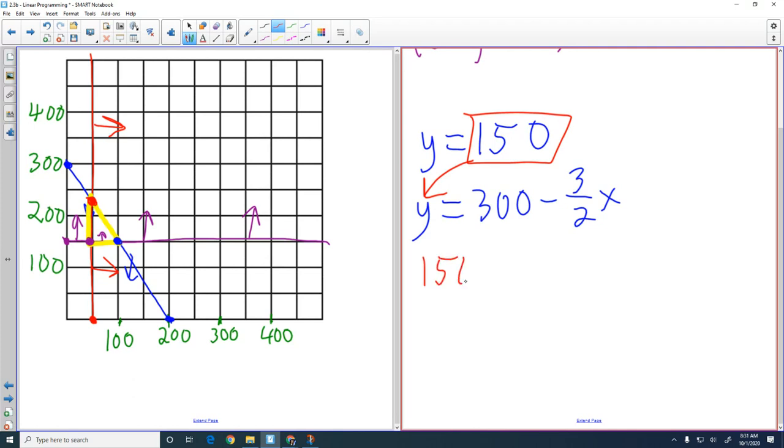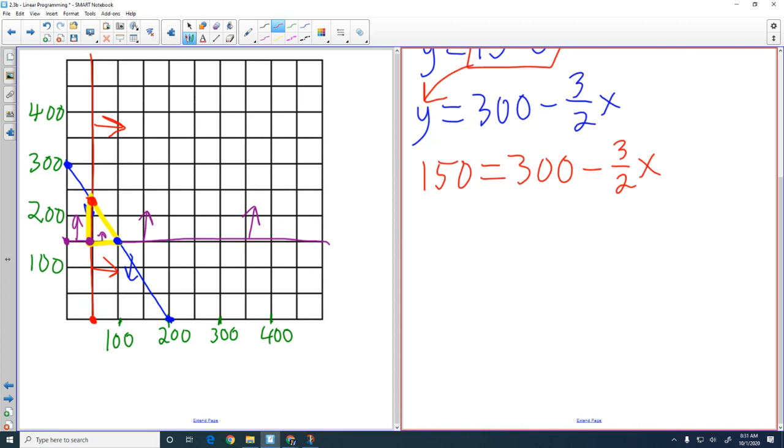So 150 equals 300 minus 3 halves x. We need to solve this equation for x. Let's start by subtracting the 300 from both sides. So that's going to give us negative 150 equals negative 3 halves x.